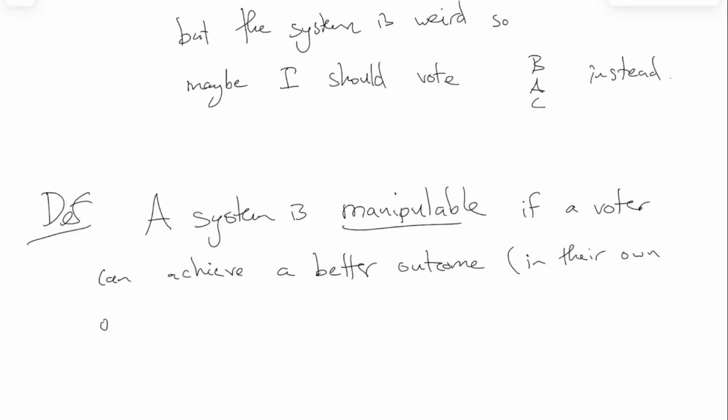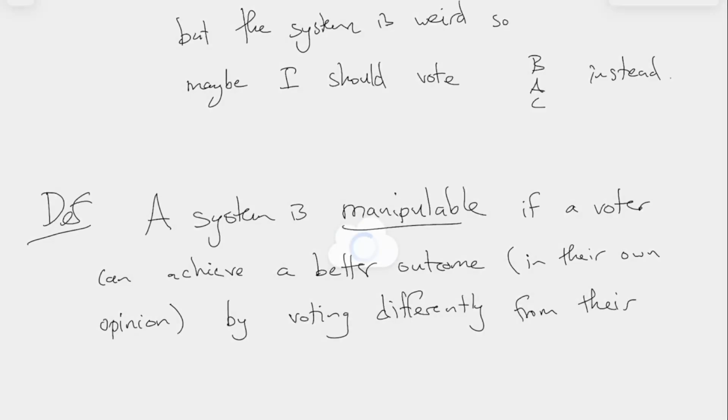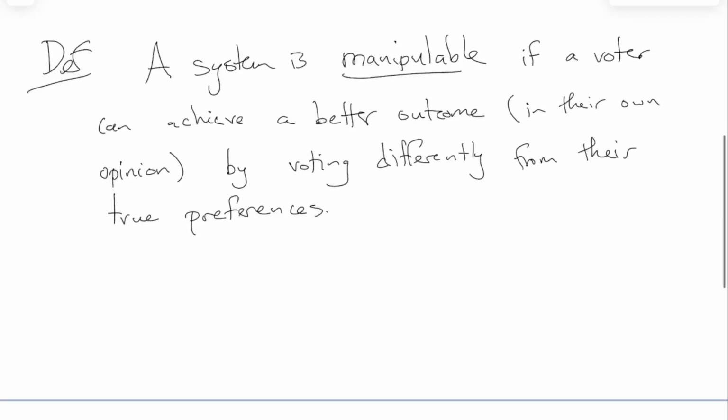Of course, all the voters disagree about what a good outcome is, but I'm talking about an individual voter who can achieve a better outcome in their own opinion by voting differently from their true preferences.